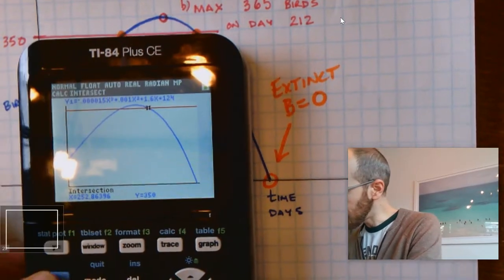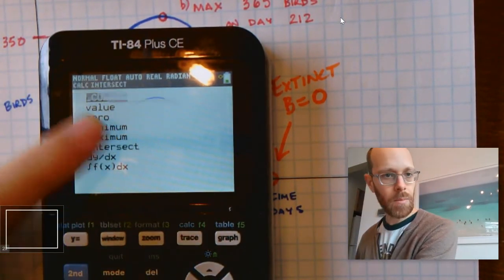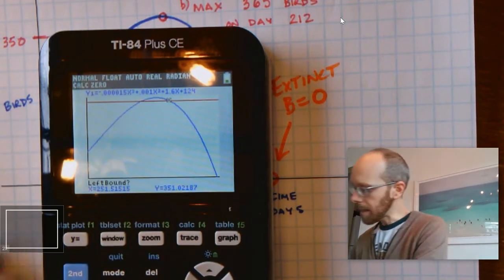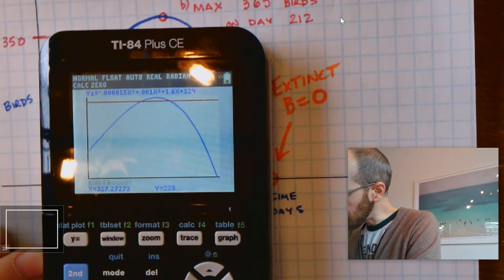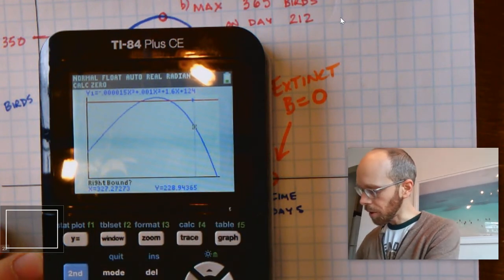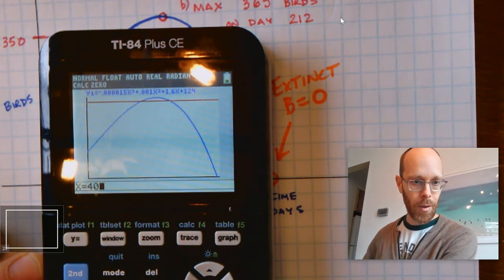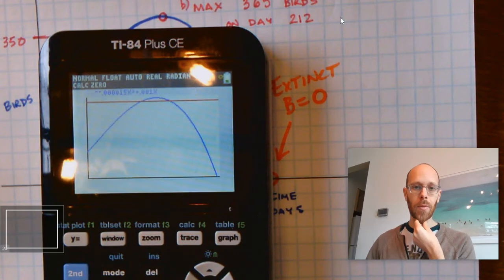And we simply do that by going back to the 0 finder, which we saw in our first video. And it's going to ask us for a left bound, right there. For a right bound, I know that because we looked earlier that at 400, we had a negative number for birds. So I'm going to hit 400.